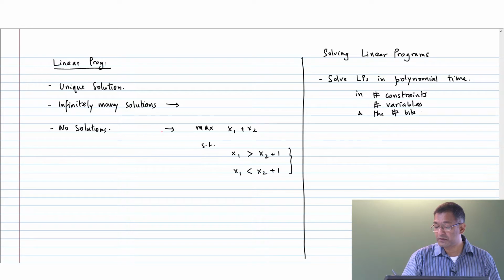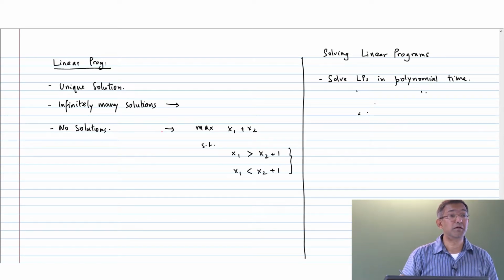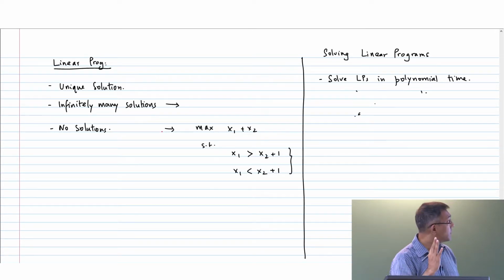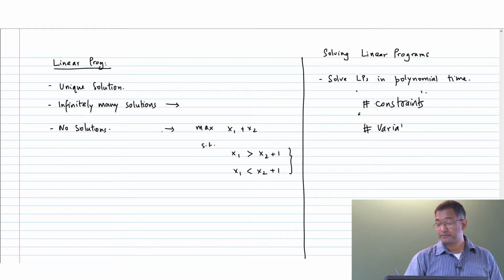You can solve linear programs in polynomial time in the number of constraints, the number of variables, and the largest value in these A and b.